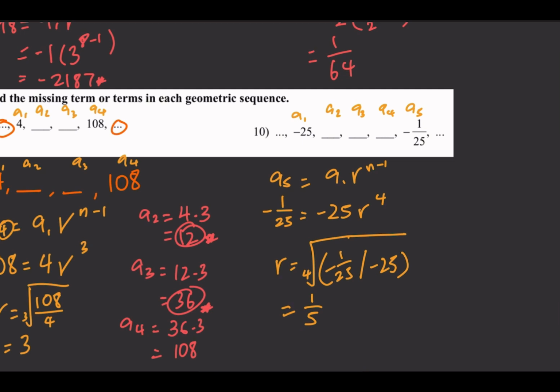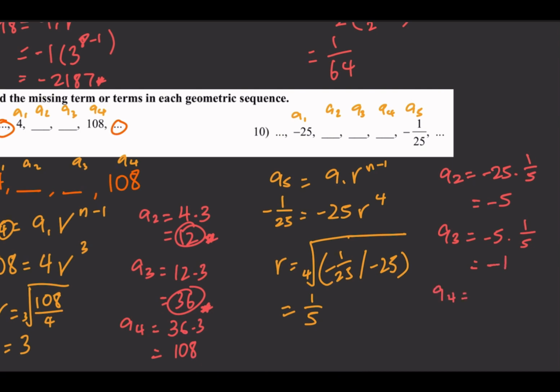So in this case, now that you have the common ratio is 1 over 5, A2 equals negative 25 multiplied by 1 over 5, negative 5. A3 equals negative 5 multiplied by 1 over 5 equals negative 1.